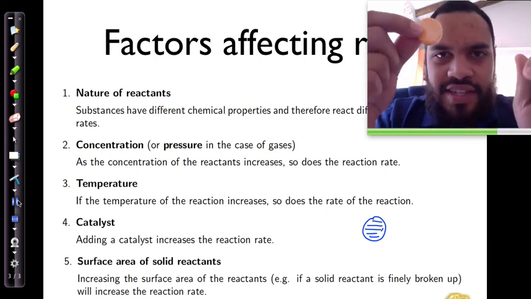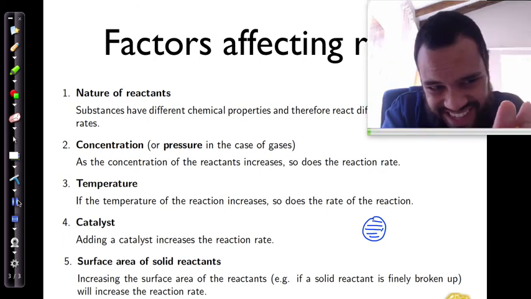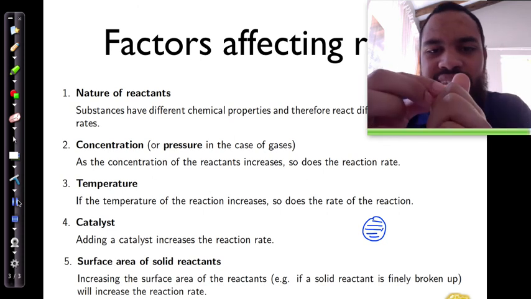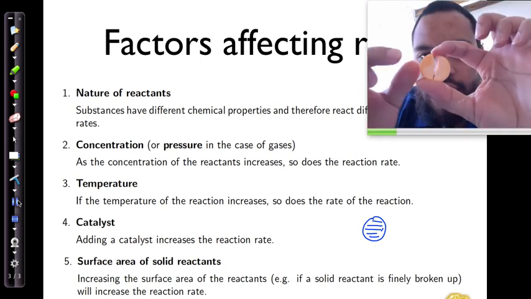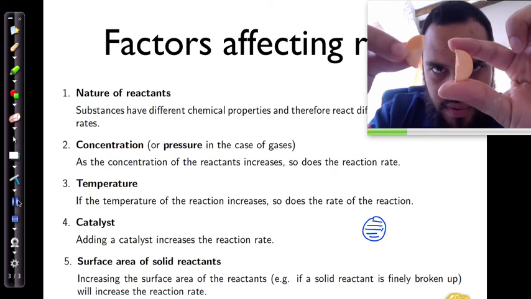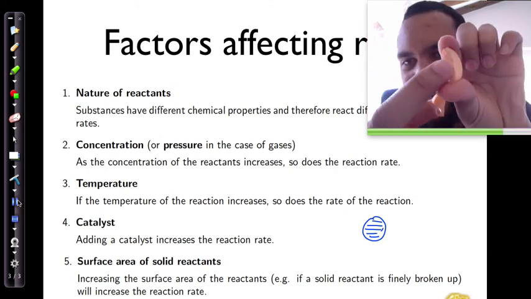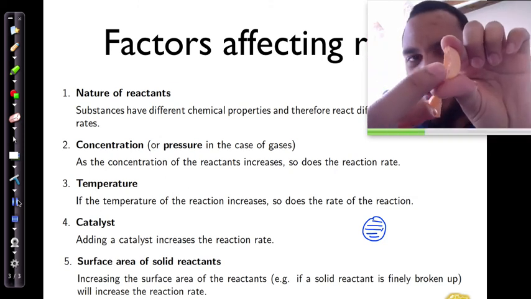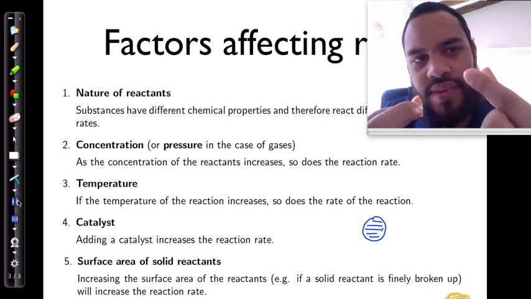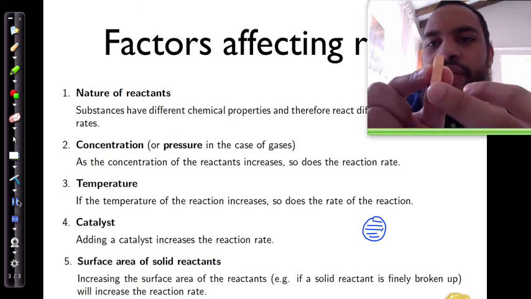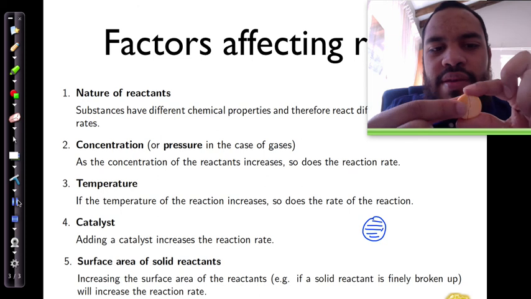However, let's assume that I break this. So now it's the outer layer that's going to react with the water molecules, but you also have this additional area that's also going to react and dissolve with the water molecules. Similarly, this area over here. So this is the principle behind it.